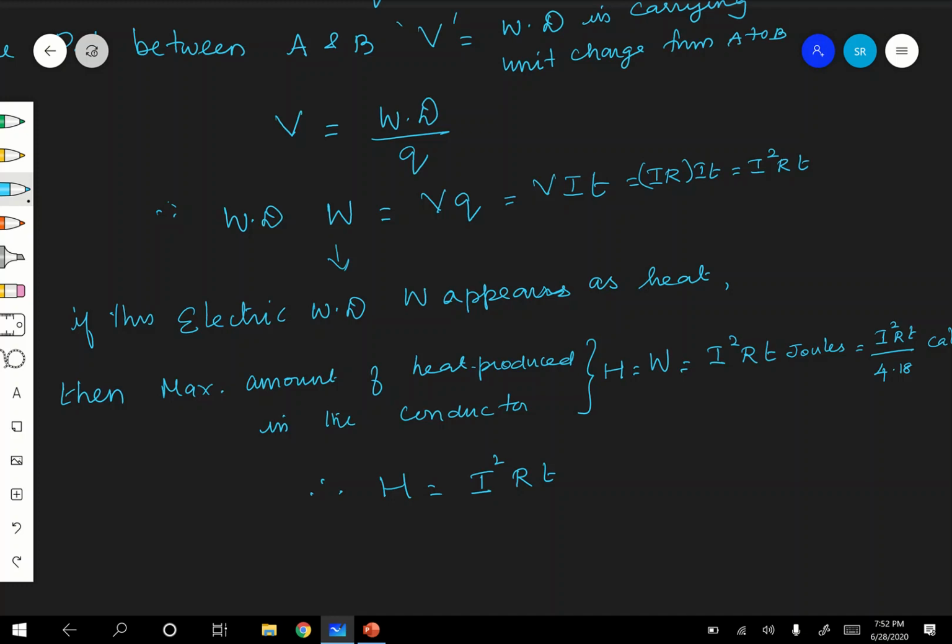Therefore, what does it actually state? Joule's law of heating states that the amount of heat energy produced in a conductor when a current is passed through it is directly proportional to the square of the current passing through the conductor, directly proportional to the resistance of the conductor, and directly proportional to the time for which the current is passed through the conductor.